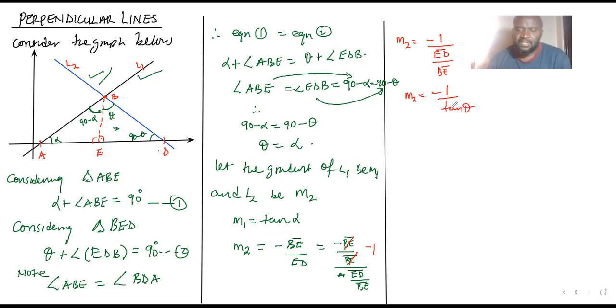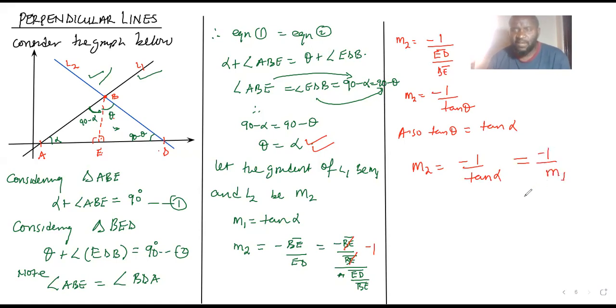Okay? So if it is equal to negative of 1 out of tan of theta, also recall that tan theta was equal to tan what? Alpha, because those two angles were the same. So for that reason, M2 will become a negative 1 out of tan alpha, which is negative 1 over M1.